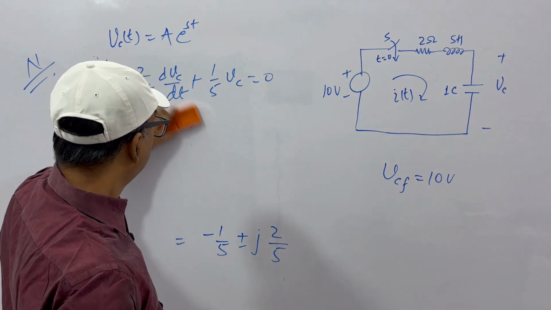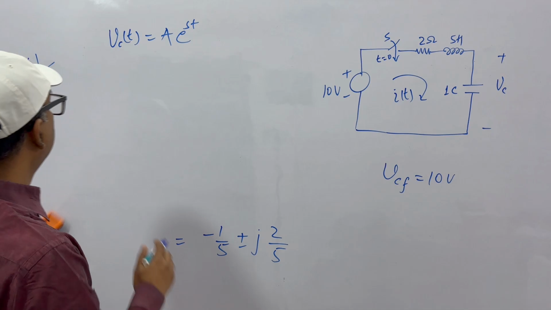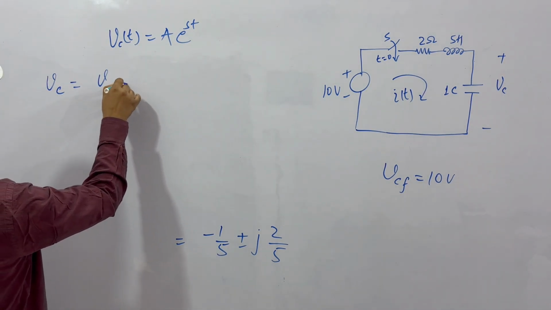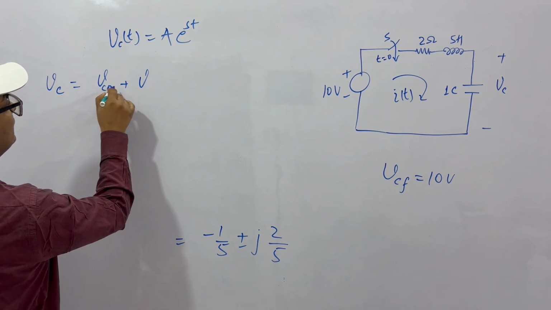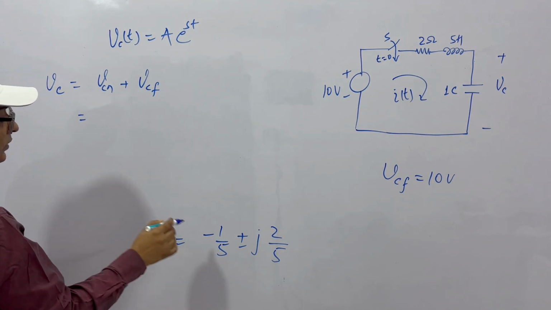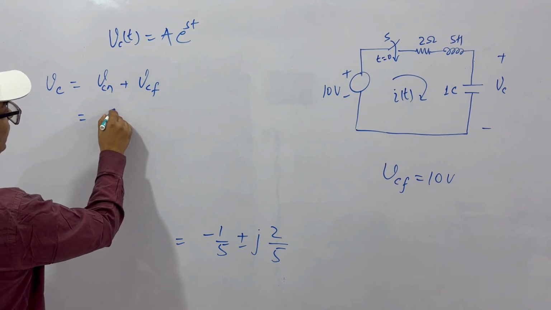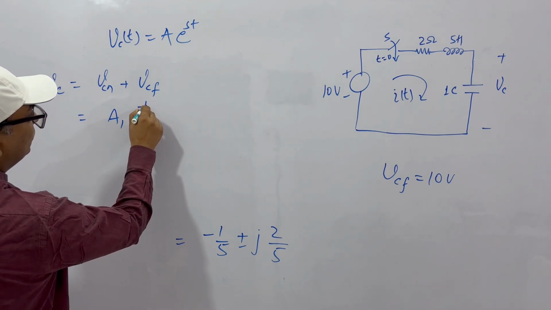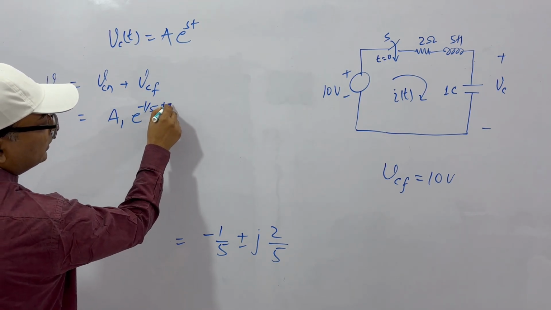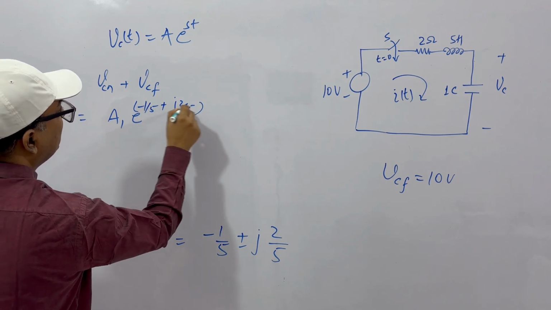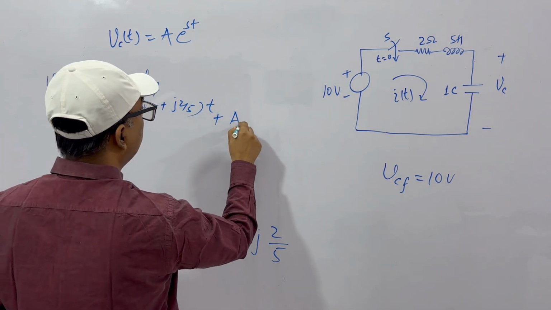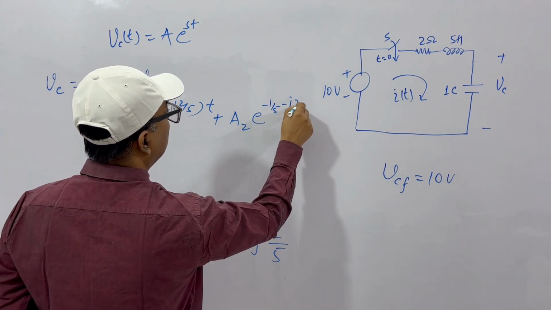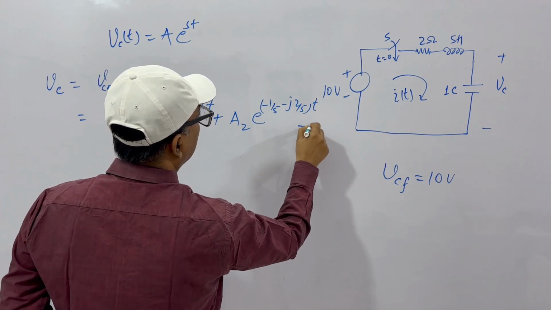Finally our equation: Vc is Vcn plus Vcf. Vcn, what is it? It is a1 e to the power s1 t, that is minus 1/5 plus j2/5 into t, plus a2 e to the power minus 1/5 minus j2/5 t, plus Vcf, that is 10.